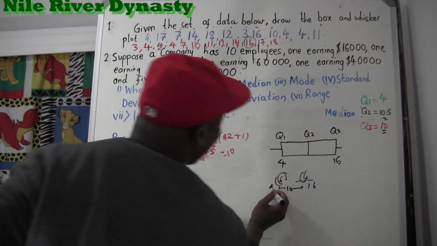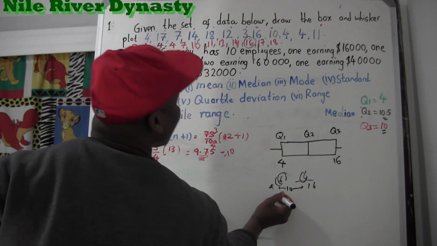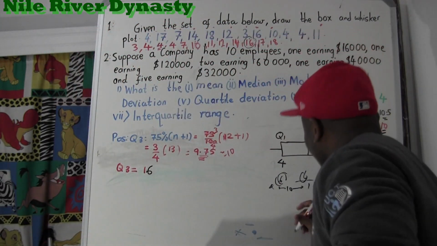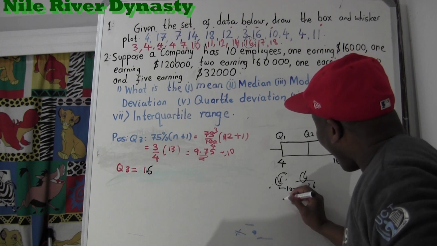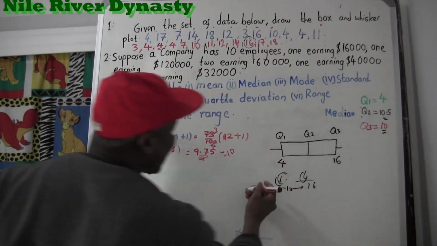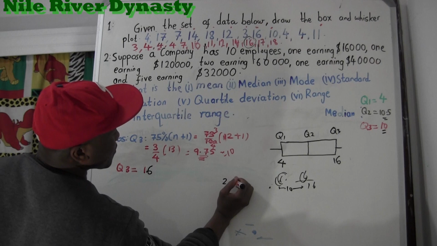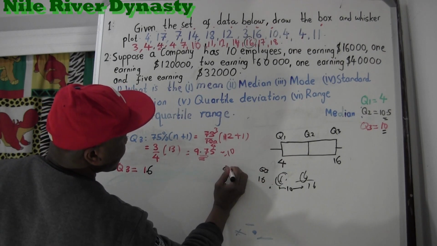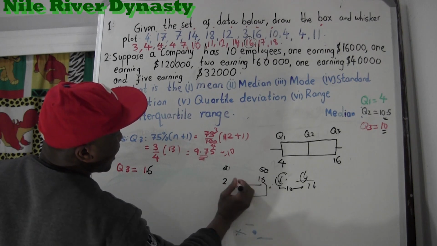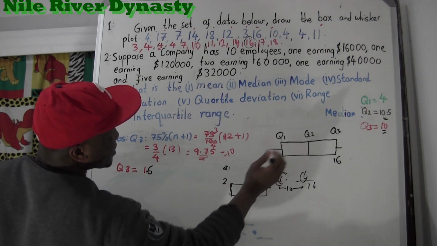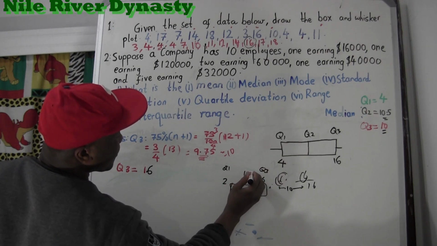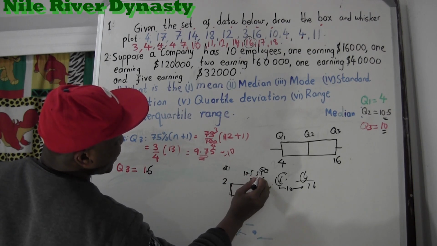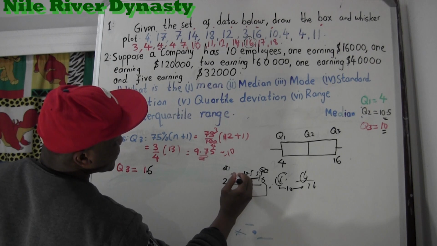But if, let's say, oh no, excuse me. This is quartile 1. No, it's fine. If somebody, let's assume quartile 1 equals 2, and quartile 3 equals 16. So how would that be? If quartile 2 equals 10.5, then here is going to be 5.5, but here is going to be 7.5.